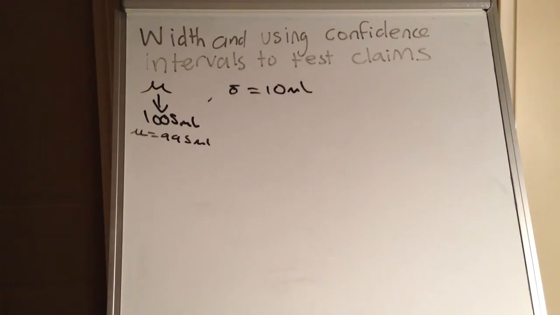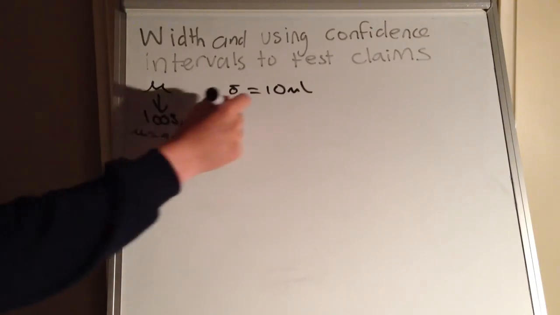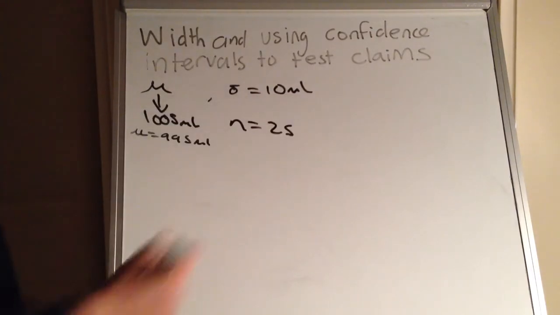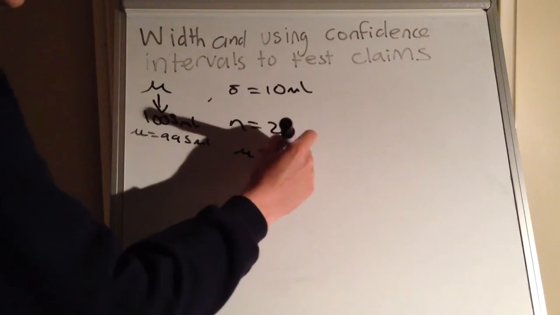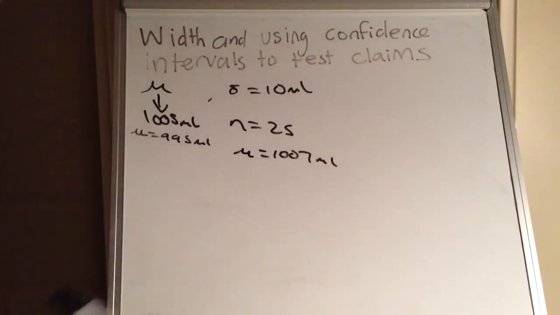A quality controller tests 25 cartons and finds that their mean volume is 1,007 millilitres. Construct a 95% confidence interval for the volume mu dispensed by the machine.